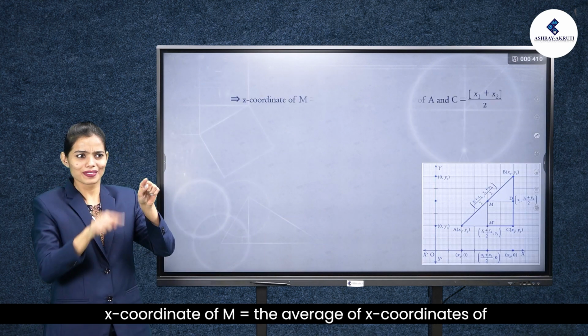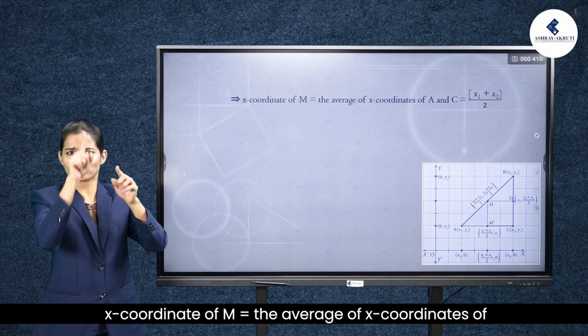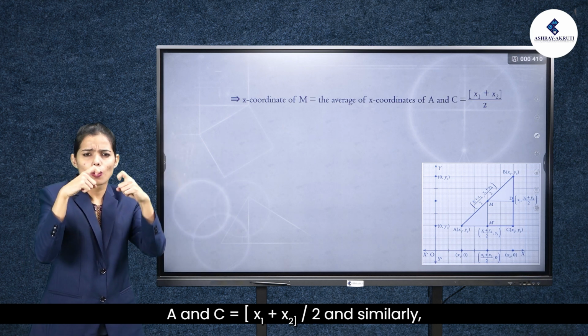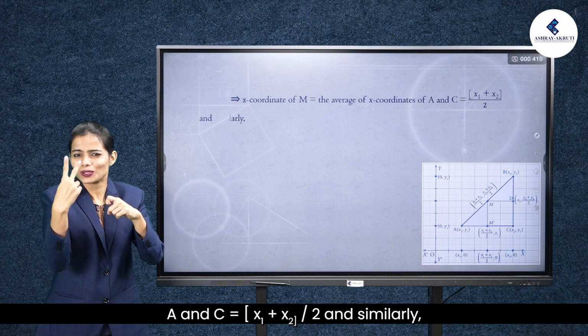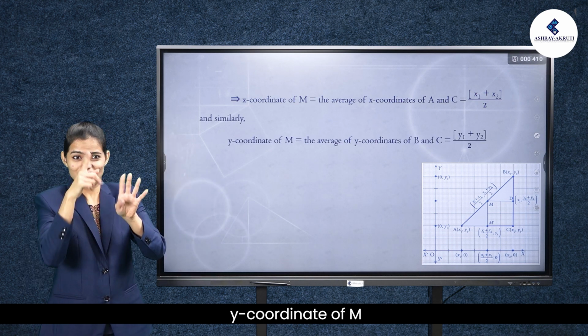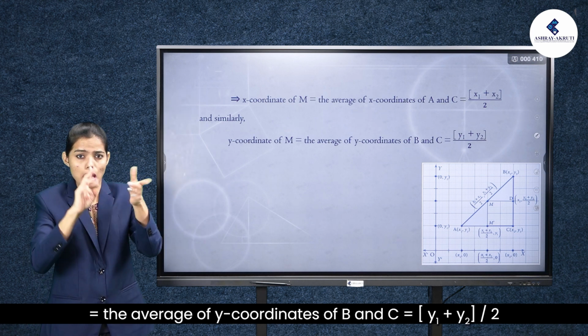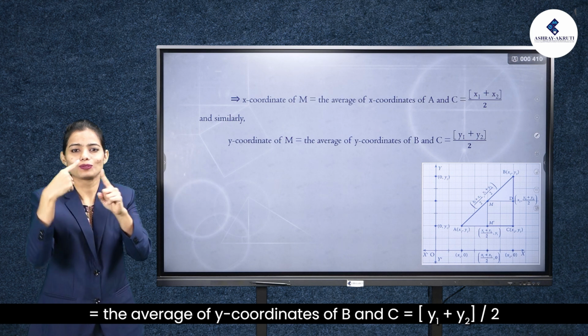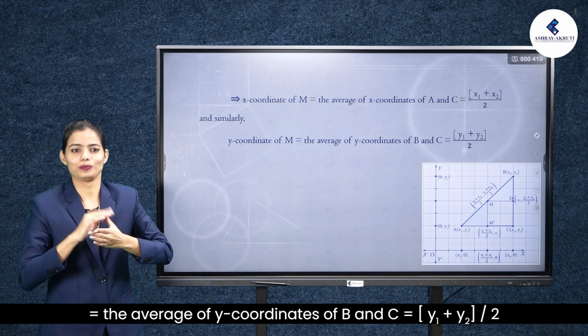The x coordinate of M is equal to the average of the x coordinates of A and C, which is (x1 plus x2) by 2, and similarly the y coordinate of M is equal to the average of the y coordinates of B and C, which is (y1 plus y2) by 2.